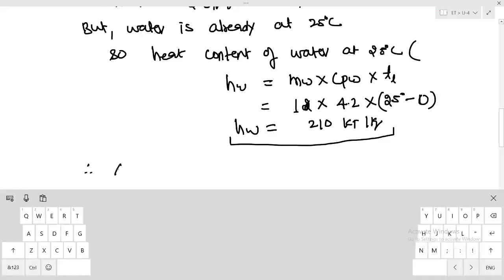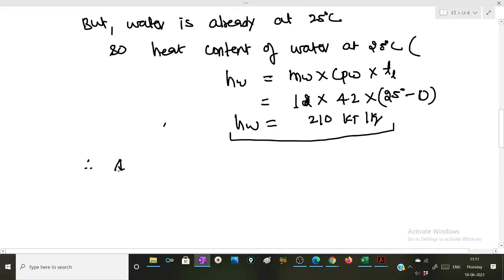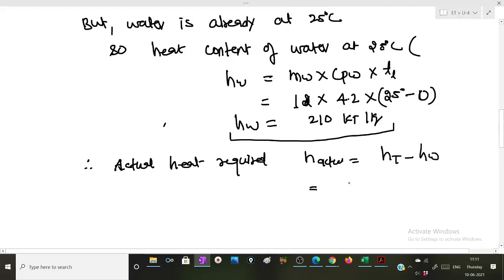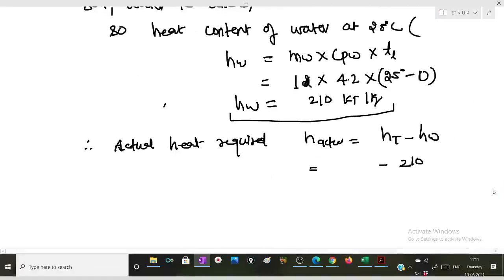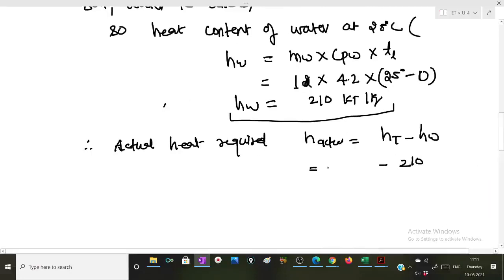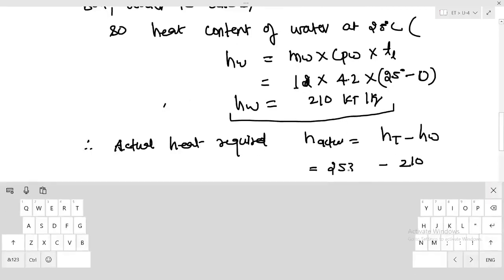So actual heat required will be total heat minus enthalpy of water. So this is 210 and h value is 2536.76.